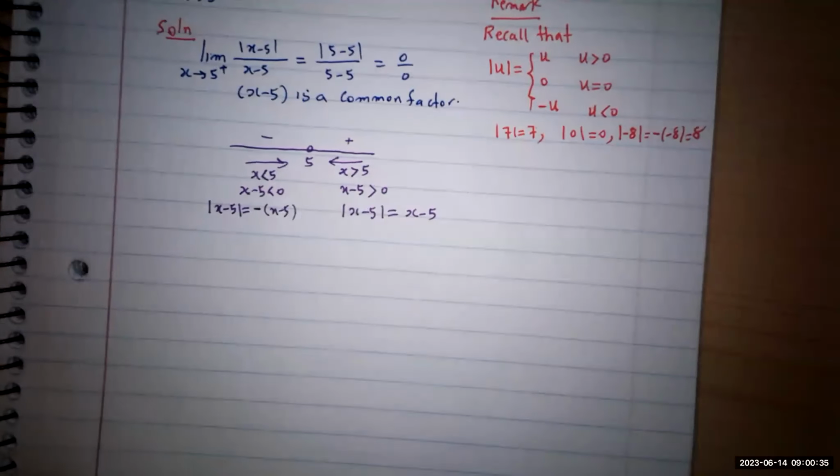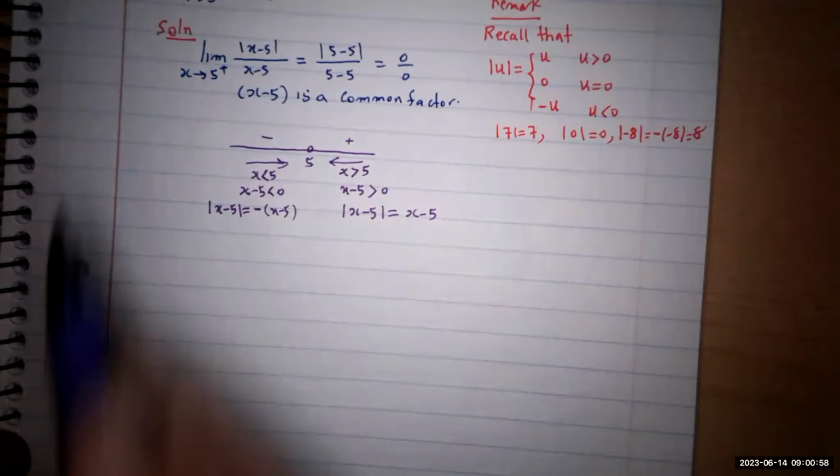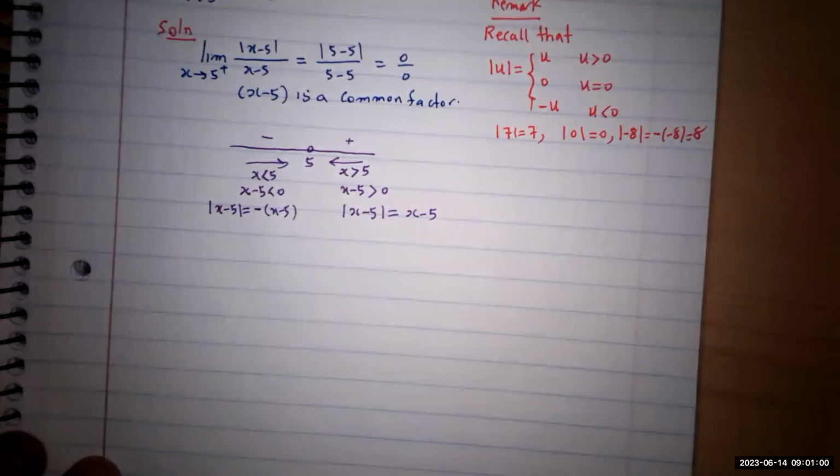You see, this is the thing that you have to know when you want to solve the absolute value problem. So when x goes to 5 positive, the inside of the absolute value, x minus 5, is positive. So you don't need the absolute value, drop it right away. If it's going to be 5 negative, the situation would be different.